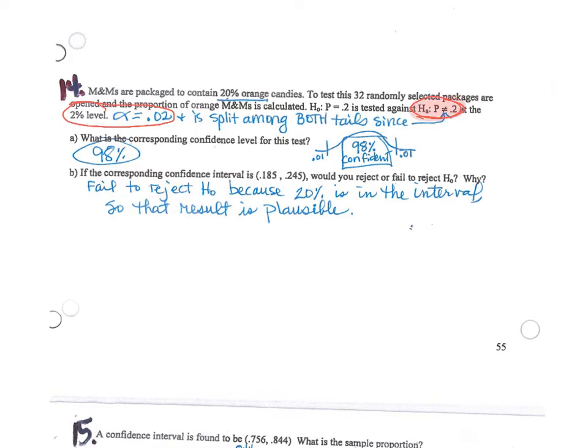Look at that alternative statement to see how alpha is distributed. Is alpha all in one tail, or is it split between two? So because of this, alpha is split between both tails. So that puts 1% in the bottom tail and 1% in the top tail, thus 98% confidence.